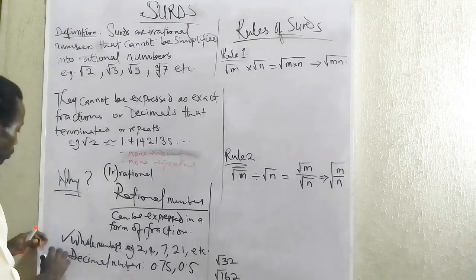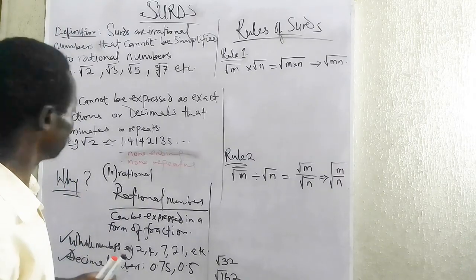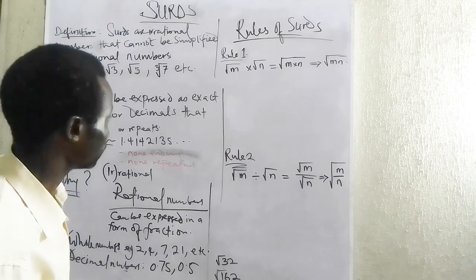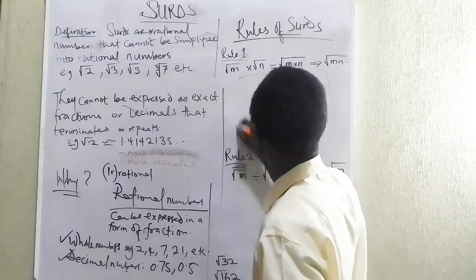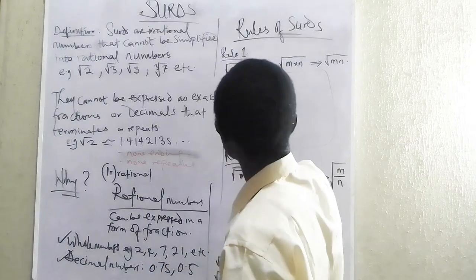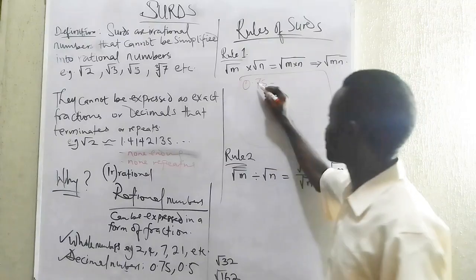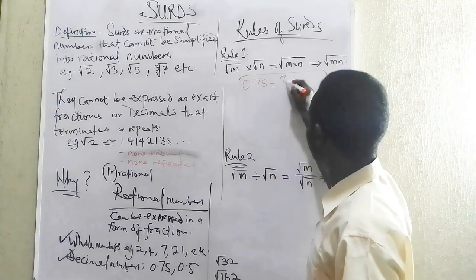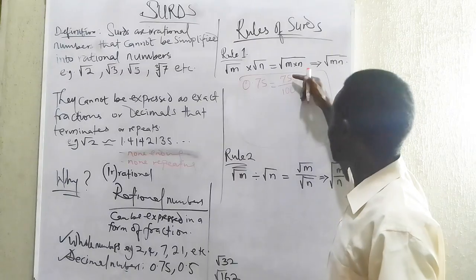Now I've done these whole numbers and decimal numbers. Now if I bring 0.75, 0.75 is the same thing as 75 over 100. Which number is common that can divide here?